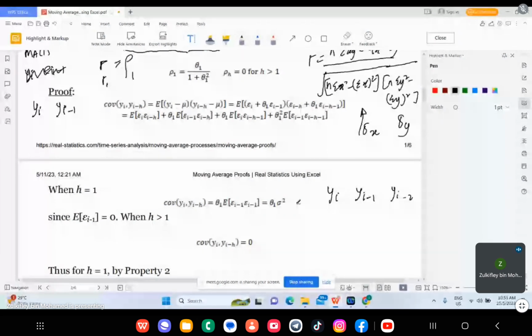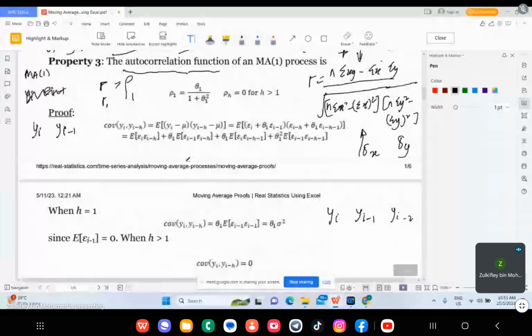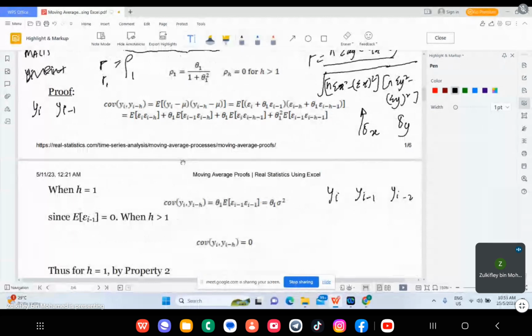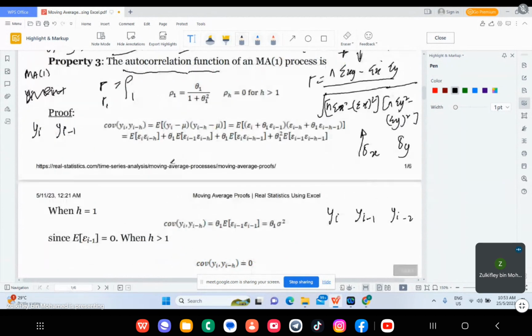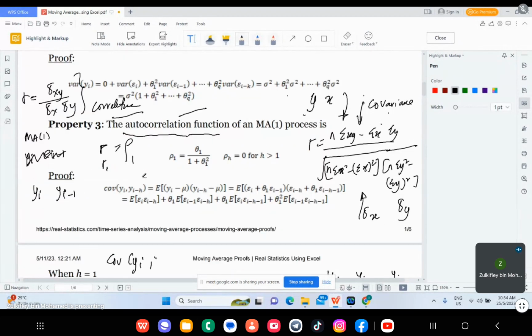So its formula is more complicated. So if we want to look at the autocorrelation between Yi and Yi minus 1, it means we will find the covariance of Yi and Yi minus 1. That is the original formula.